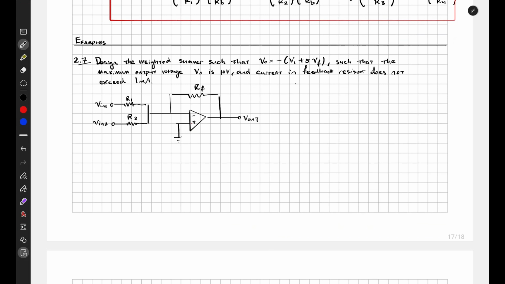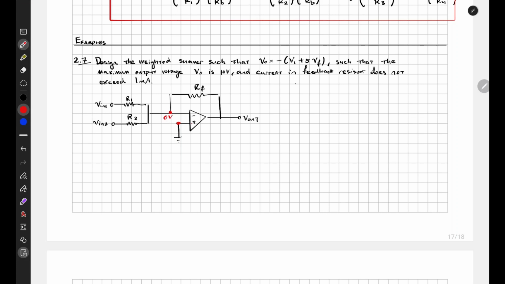To do this, we'll first start with recognizing the ideal op-amp approximation. Assuming it's an ideal op-amp, we can say that the voltage here at V plus is equal to the voltage here at V minus, both 0 volts.